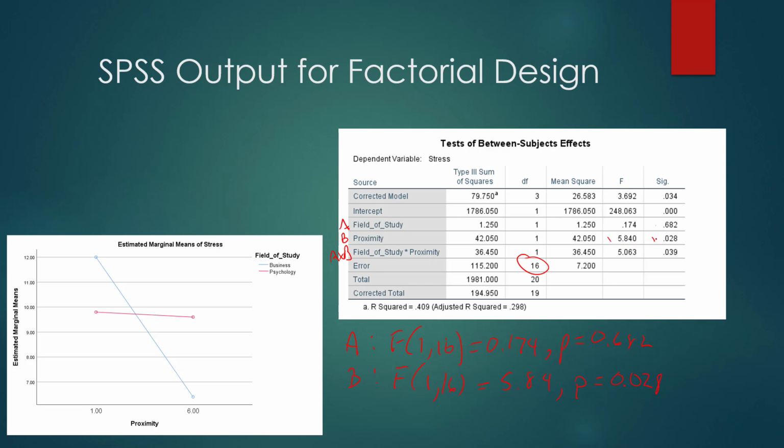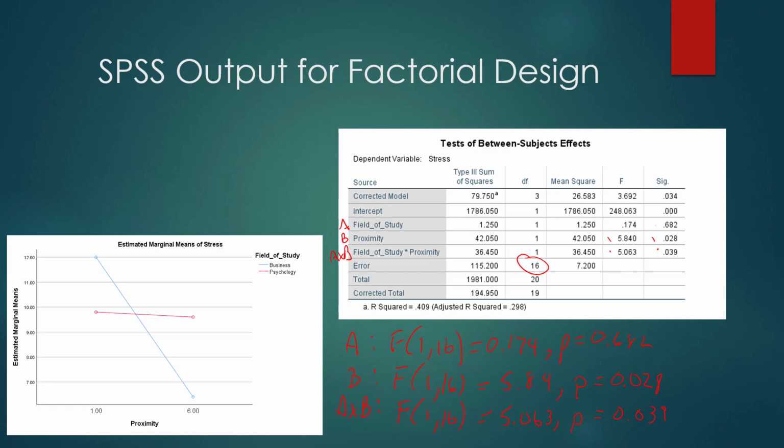And then our A by B interaction, F equals 4.063, p equals 0.039. So these are both less than 0.05, you see, but not that much less. But because we know the exact value from SPSS, we report it.